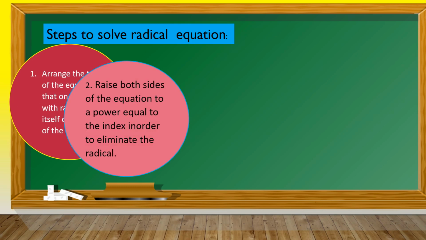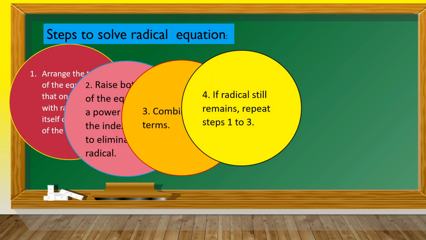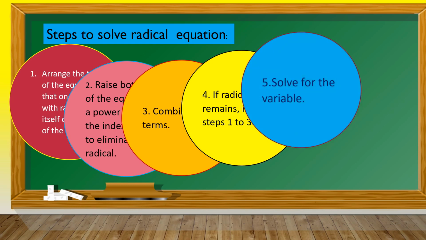Third, combine like terms. Then if radical still remains, repeat steps 1 to 3. Then solve for the variable. Then lastly, check apparent solutions in the original equation.